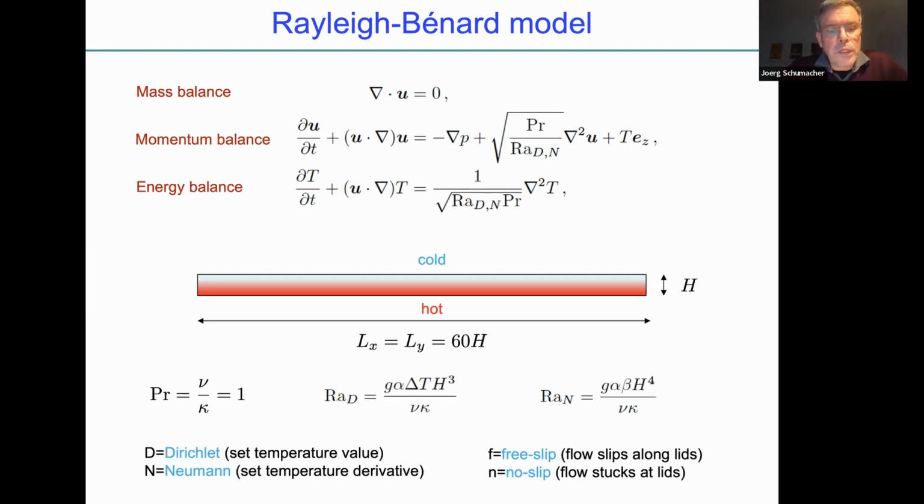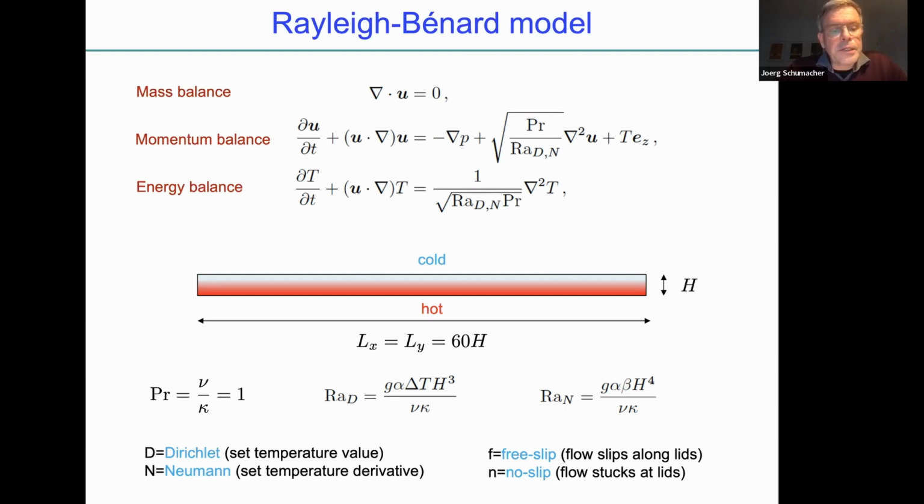We consider extremely far extended layers. The aspect ratio in both horizontal directions is 60 in relation to the height of the layer. For the studies which I'm reporting here, the Prandtl number is chosen to be 1. And in correspondence with the thermal boundary conditions, we have two kinds of Rayleigh numbers.